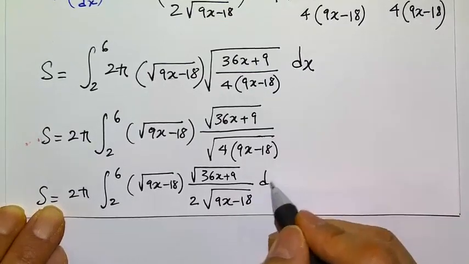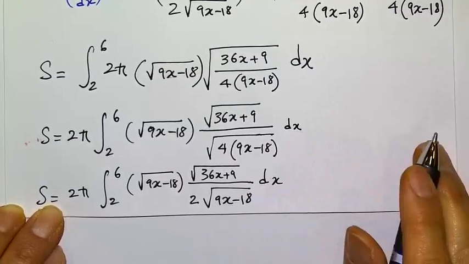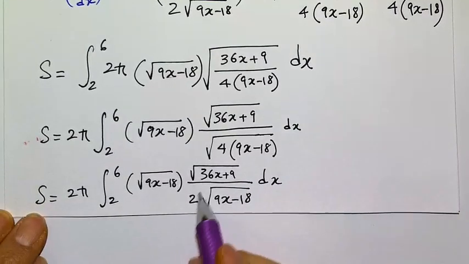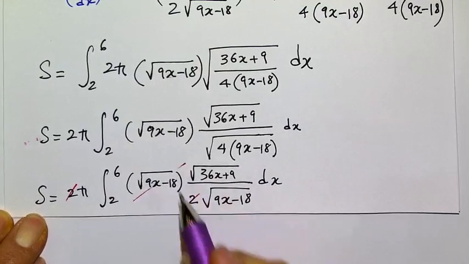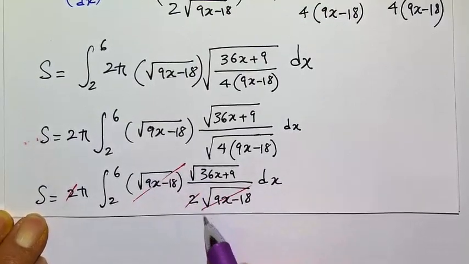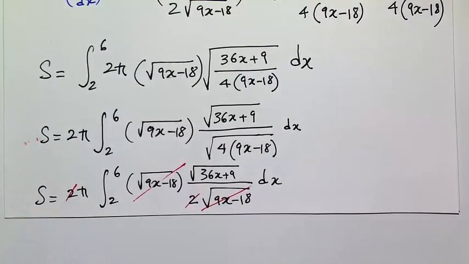Now it's easy to see that this 2 and this 2 cancel each other out. This whole term and that cancel each other out.